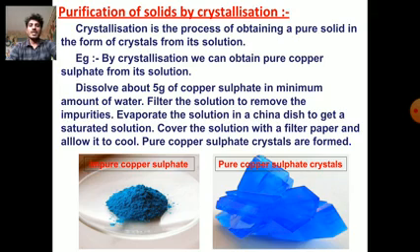Dissolve about 5 gram of copper sulfate in a minimum amount of water. Filter the solution to remove the impurities. Evaporate the solution in a china dish to get a saturated solution, cover the solution with a filter paper and allow it to cool. The pure copper sulfate crystals are formed.